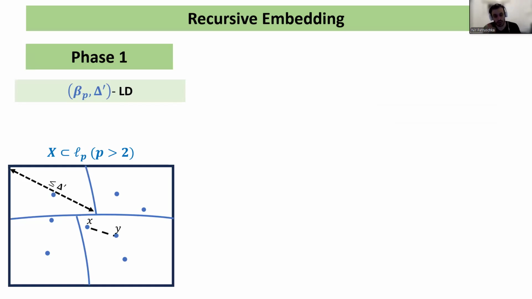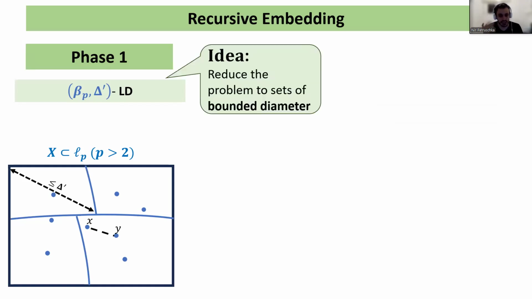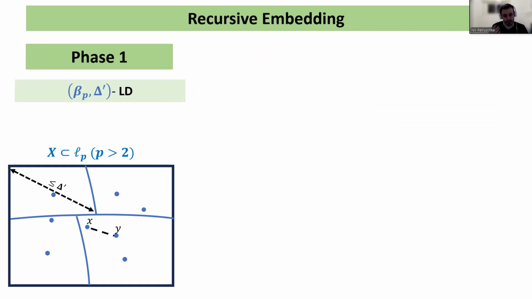So we start with this guarantee, and the idea is that we'll try to reduce the problem to sets of bounded diameter. Now we know that the clusters have bounded diameter, so for every cluster separately, we can apply the scheme that we saw earlier.